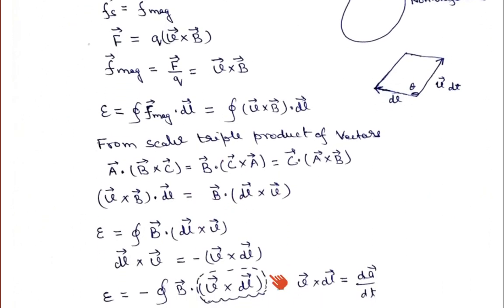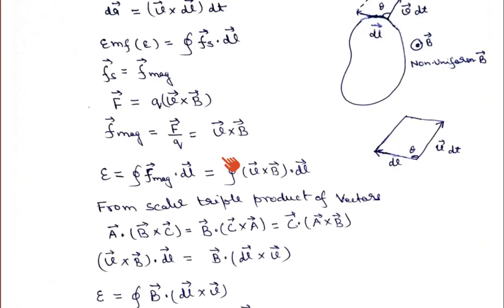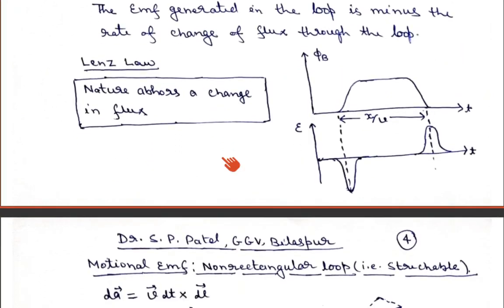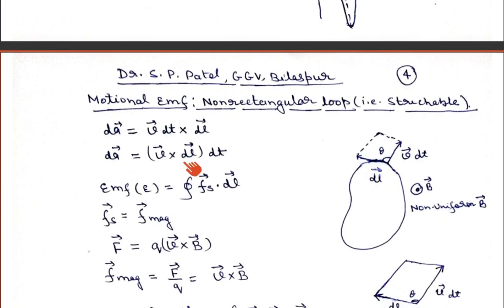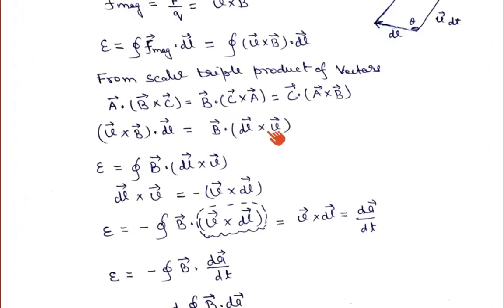We know dl cross v is equal to minus v cross dl, since A cross B is equal to minus B cross A. Why? Because the area vector is basically v cross dl, but what we have is dl cross v, and what we require is v cross dl. So dl cross v is equal to minus v cross dl.